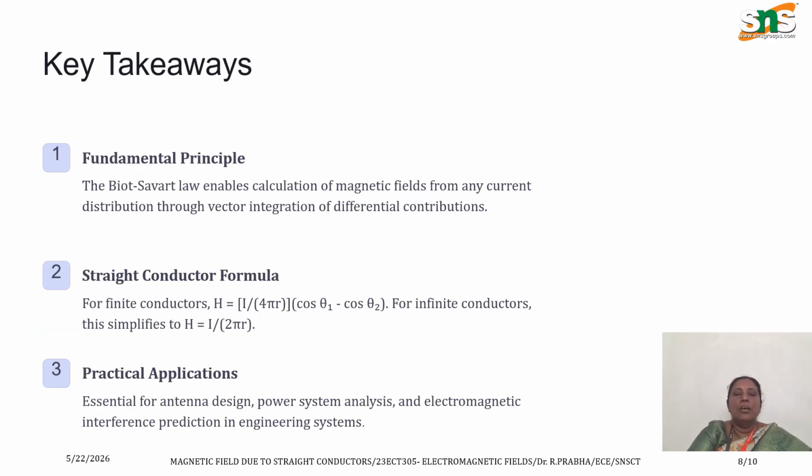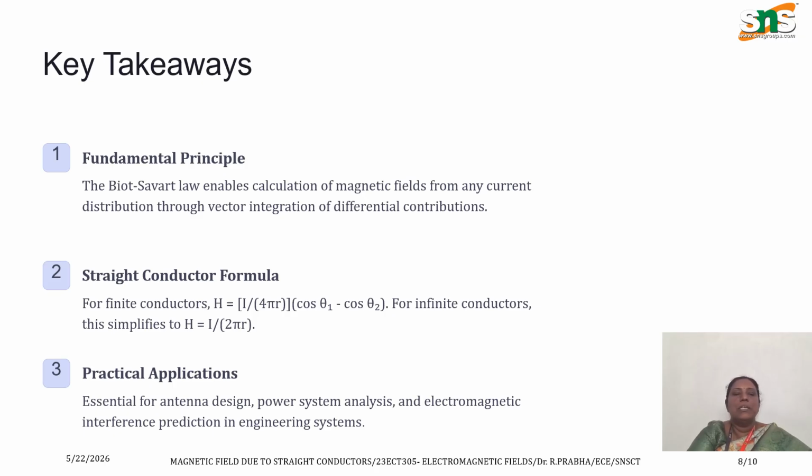So far we have discussed the fundamental principle of Biot-Savart's law to calculate the magnetic field intensity for a current carrying conductor through integration of differential contributions. The straight conductor formula is used, and the special cases like infinite and semi-infinite conductors are also derived. Finally, practical applications are discussed.